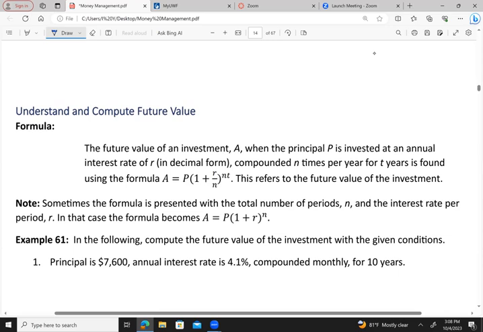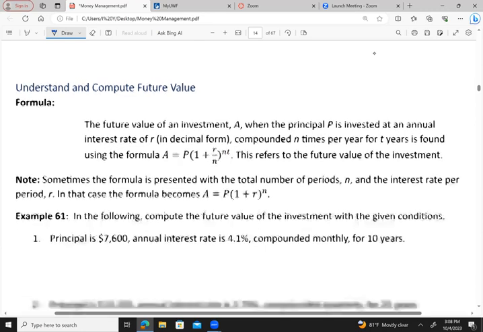So understanding and computing your future value. The future value of an investment, A, when the principal P is invested at an annual interest rate R in decimal form, compounded n times per year for T years, is found using the formula A equals P times 1 plus R over N to the NT power.